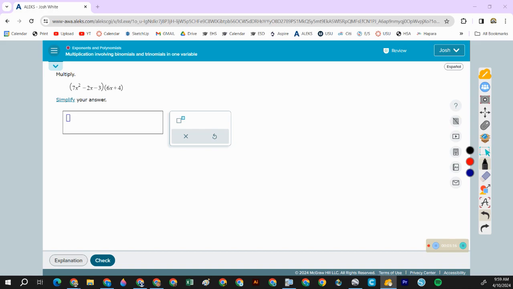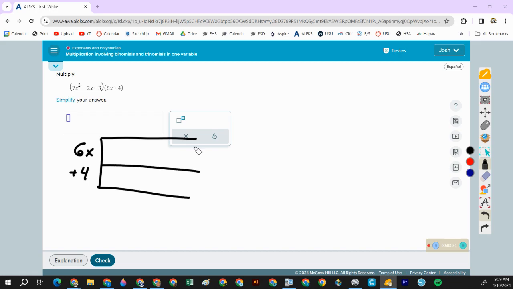So here, I'm going to set up a multiplication box, and I'm going to do that because it's going to help us in the future. So I'm going to put 6x plus 4 on the side of a table that has two rows and 3 columns. And then I'm going to put 7x squared minus 2x minus 3 on the top. And then every box is just the product of the row and the column that it resides in.